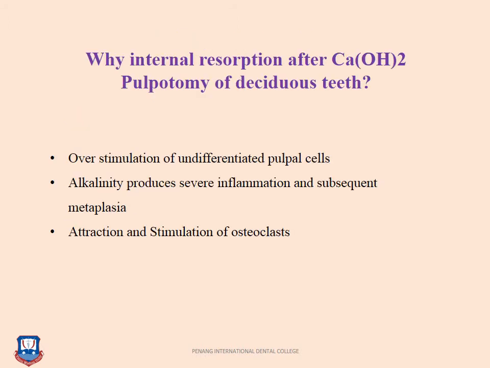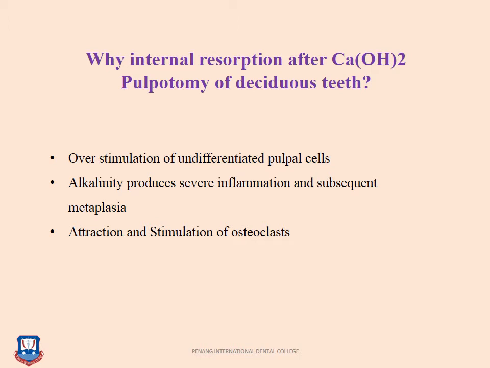So why is internal resorption seen after the placement of calcium hydroxide while doing a pulpotomy of the deciduous teeth? It is because of the overstimulation of the undifferentiated pulpal cells. So what happens once you apply the calcium hydroxide on the pulp tissue? There will be overstimulation of the undifferentiated pulp cells. These undifferentiated pulp cells are mesenchymal cells, which differentiate into osteoclasts.